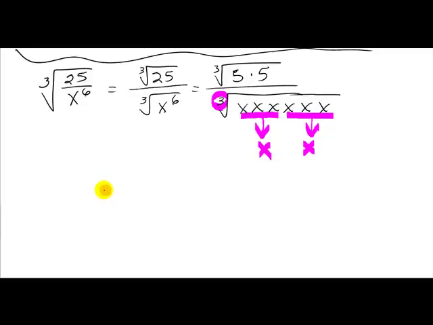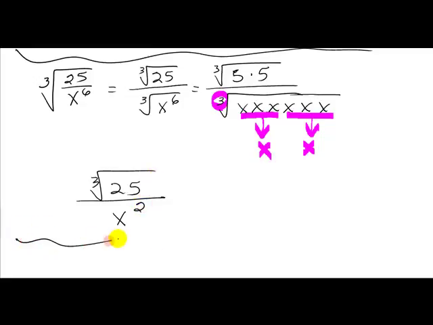My final answer here would be the cube root of 25 over x times x, which would give me x squared. Now we have a little bit of a shortcut here. If you'll notice, if 6 is my number here and I divide it by this 3, I end up with my 2, my square. That's a little bit of a shortcut.